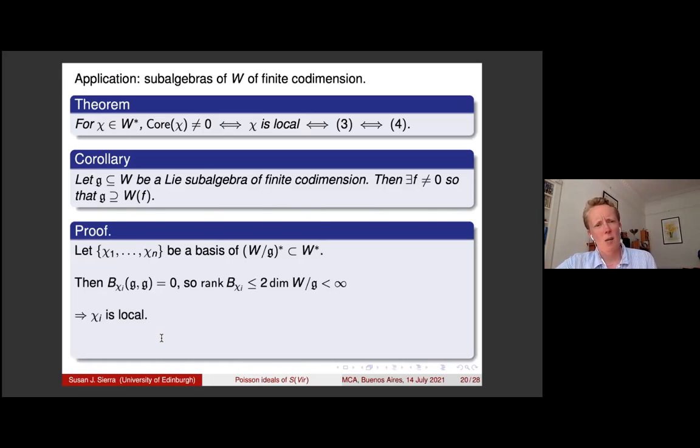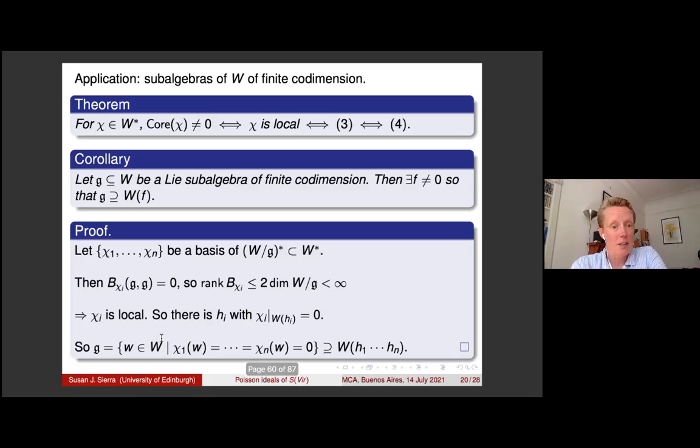Let's look at a basis of W mod G star, which I think of as a subspace of W star. Then each of these functions has to have a finite codimension isotropy subalgebra, or the rank of this bilinear form has to be finite, which means all these functions are local by the theorem.